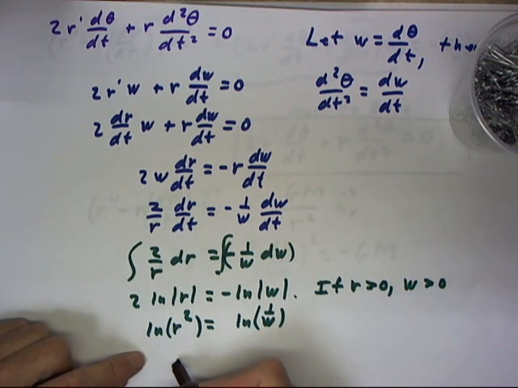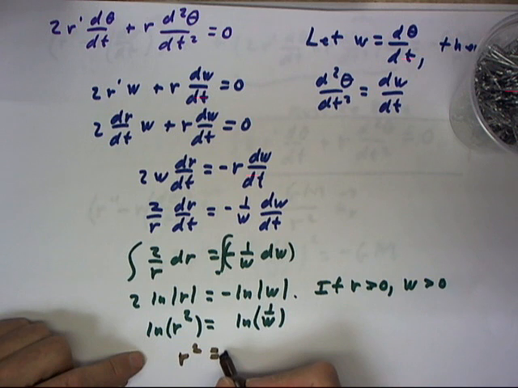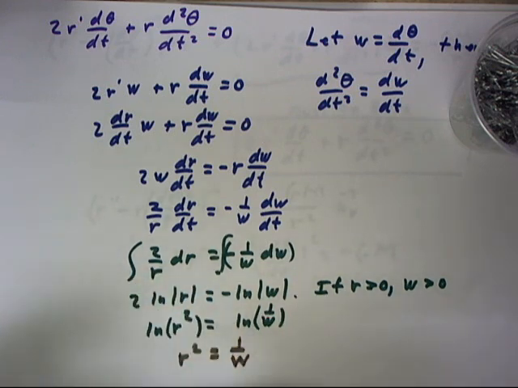So that natural log of r squared equals natural log of one over w, and I've forgotten my integration constant, which we're going to need.